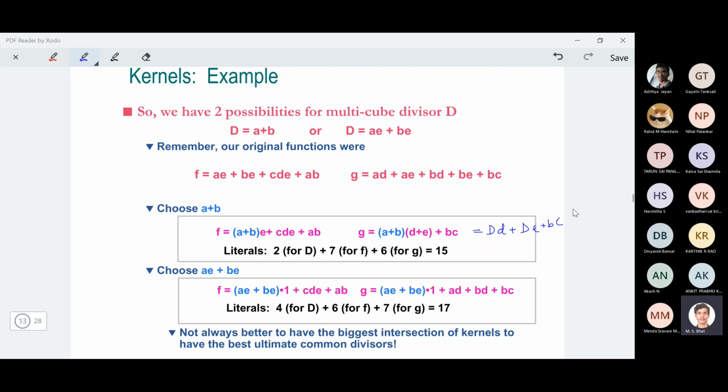So you have this 1, 2, 3, 4, 5, 6, that is 6 for G and 7 for F, that becomes 13, 2 for D, so 15. So 19 has become 15. Okay, so when you extract A plus B from F and G, the total cost has reduced from 19 to 15.